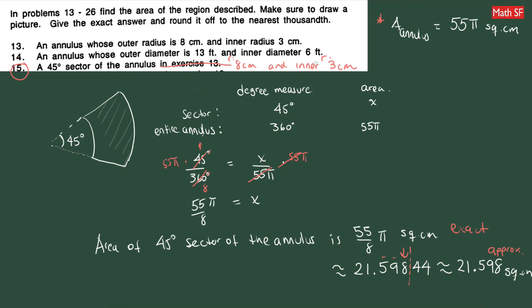They could ask you just that. So first, what you needed to do is find the area of the entire annulus, and then find the area of the particular sector. Or also, they could tell you, find the area and the perimeter.